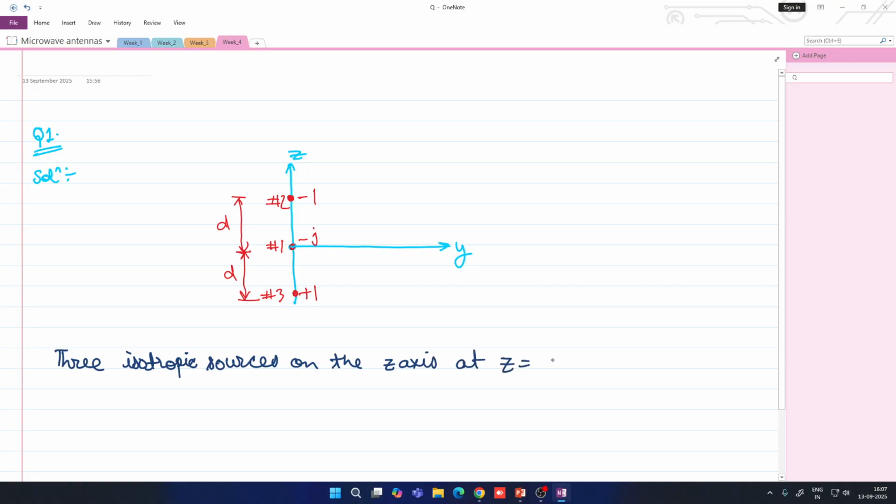If we take z equal to 0 at antenna 1, then antenna 2 is at plus d, antenna 1 is at 0, and antenna 3 is at minus d, taking one side as plus and the other as negative. The spacing d is equal to lambda by 2.